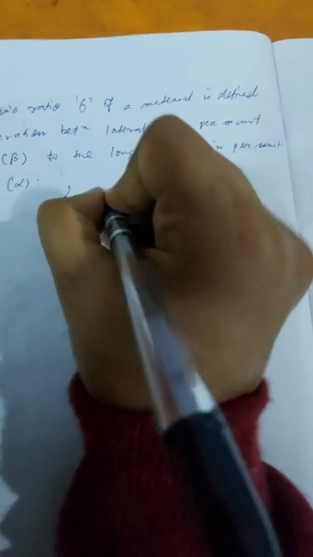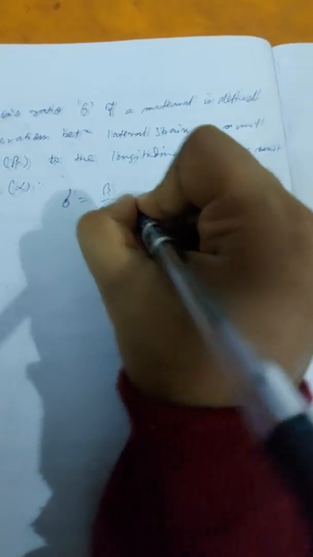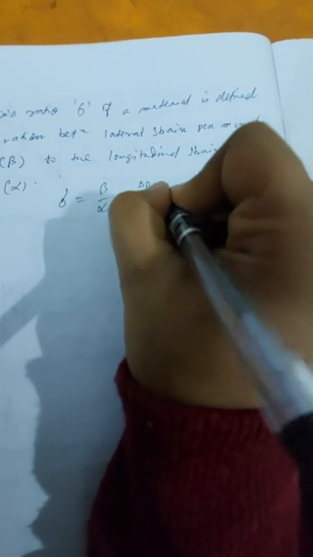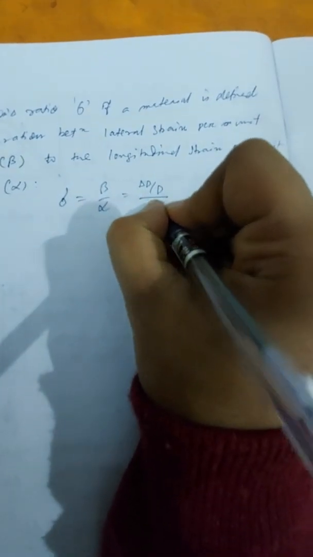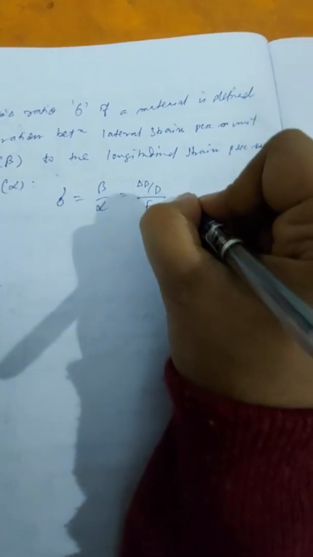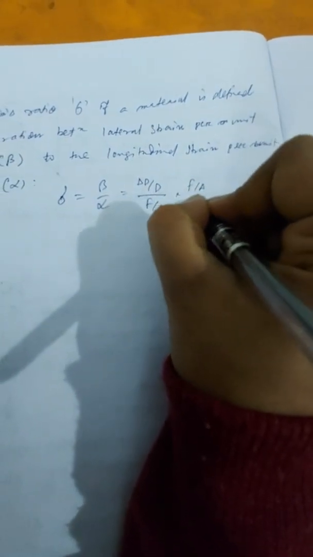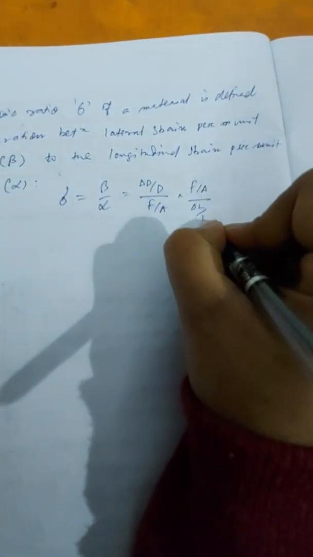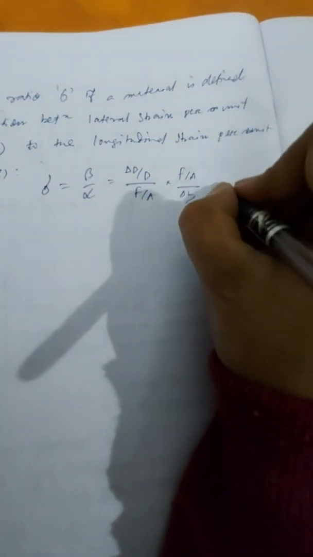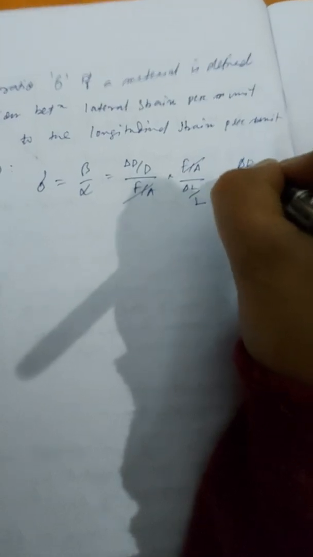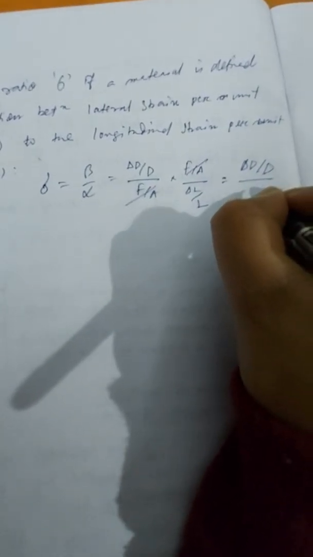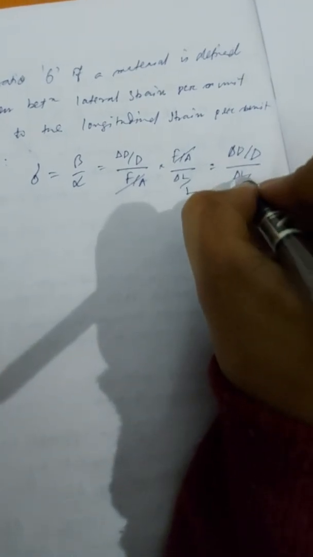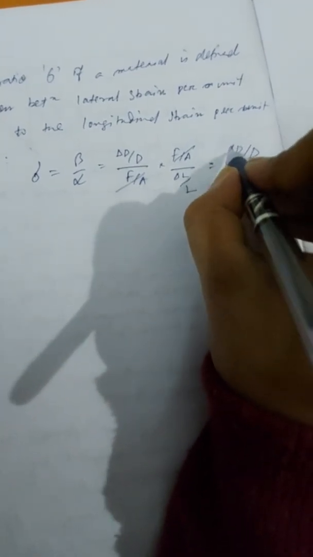So Poisson ratio sigma is given by beta by alpha, that is delta D by D by F by A, divided by delta L by L by F by A. The F by A will cancel, and we get delta D by D divided by delta L by L. Here you will see this is the increase in length, this is the decrease in diameter.